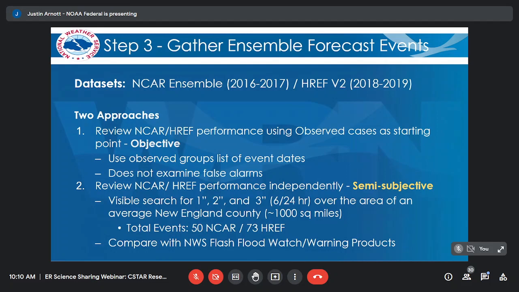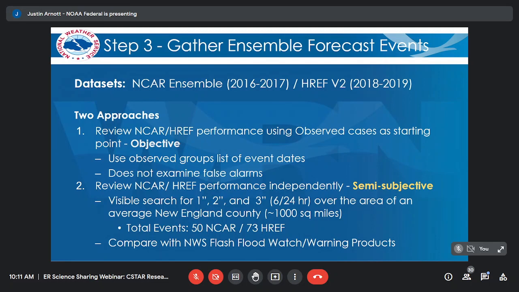And we decided to approach this in two different ways. One was objective and one was, I'm going to call semi-subjective. So let's describe them a little bit. The objective case is pretty straightforward. You look at what the observed cases were, and you examined how the two ensemble systems performed for those days.